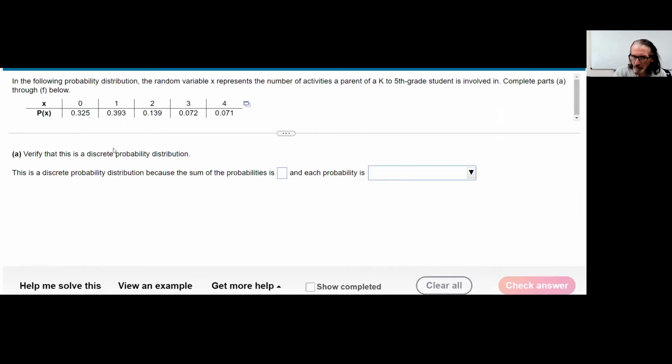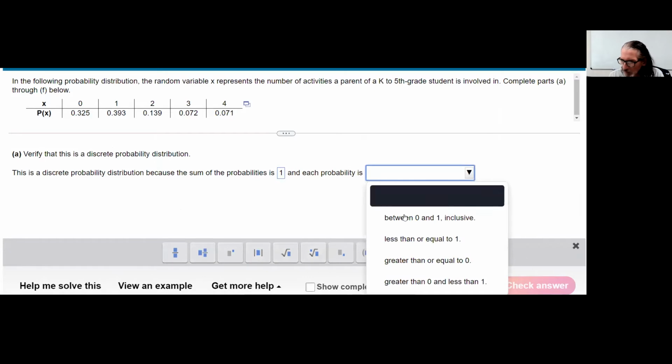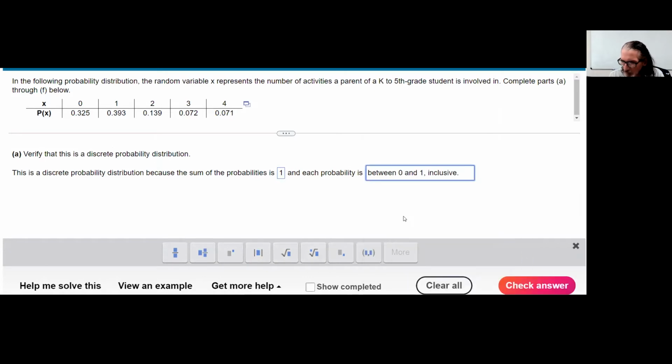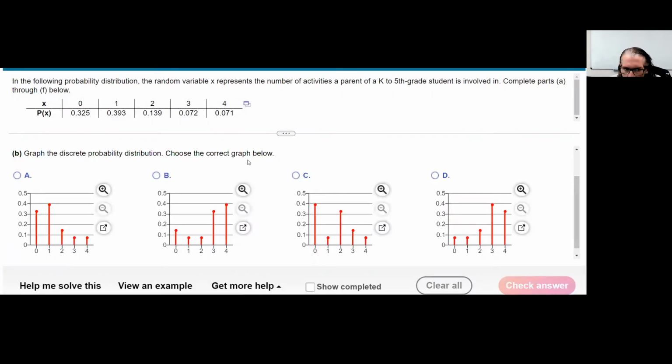So we do have a valid probability distribution for a discrete random variable, because the sum is 1 and everything is between 0 and 1 inclusive. So in different textbooks, you may see a graph looking a little different.